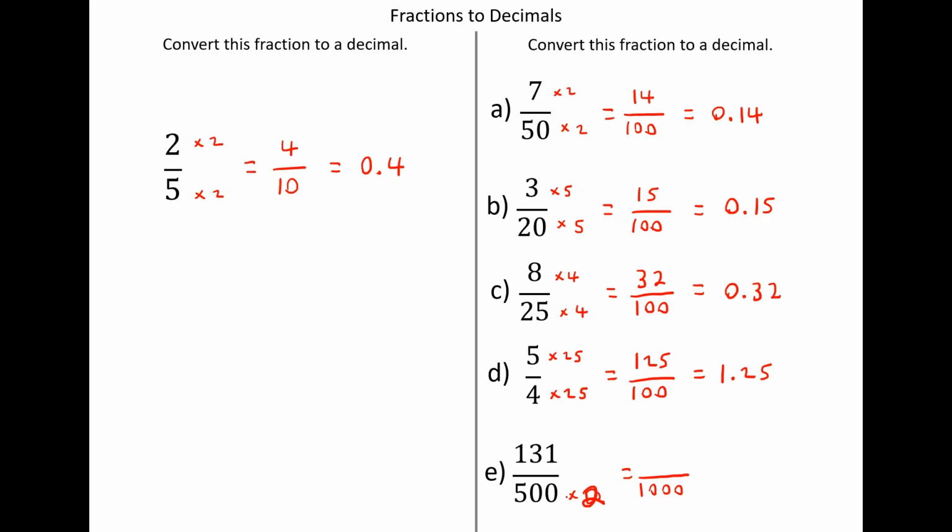And since I multiplied 500 by 2, I'm going to have to multiply 131 by 2. So in this case, 131 times 2 is going to be 262. Hence, I got 262 over 1,000, which as a decimal number would just be 0.262.